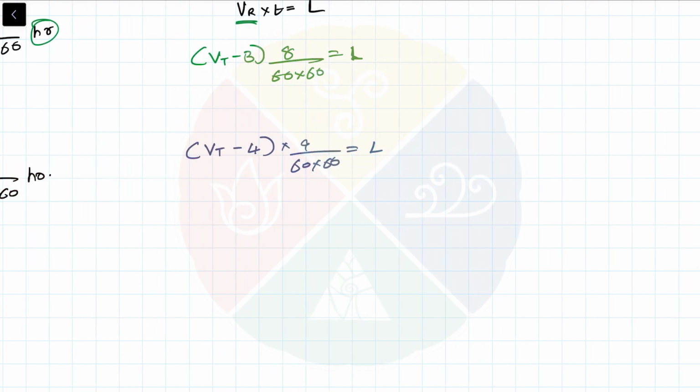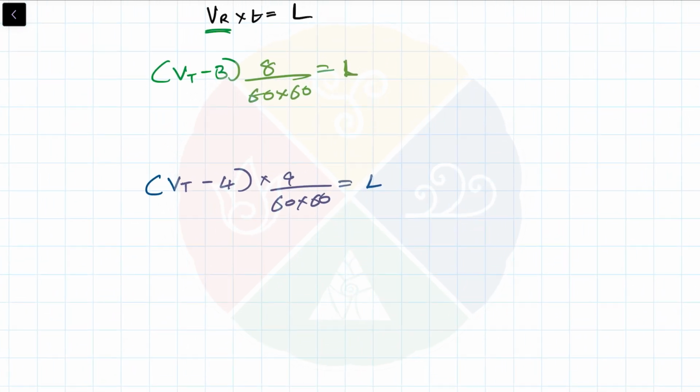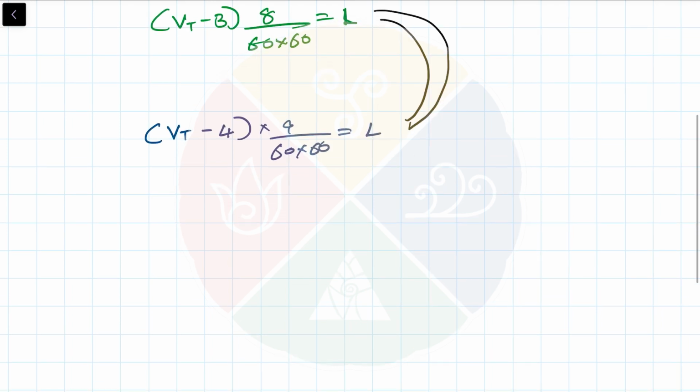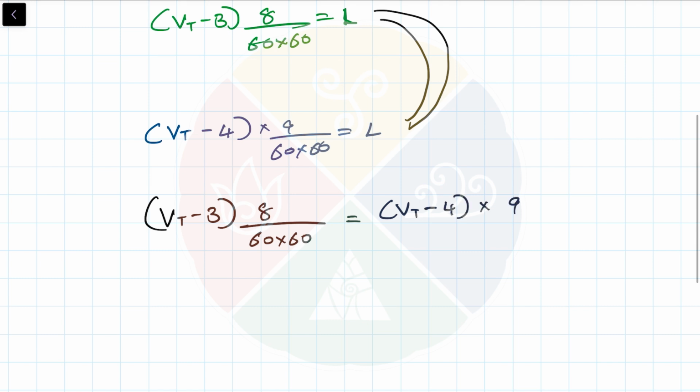Now, there are too many variables. So instead of directly finding the length of the train, I will first find the velocity of the train, then the length. To do that, you simply equate both of them, because both are the length. So Vt minus 3 into 8 by 60 into 60 is equal to Vt minus 4 into 9 by 60 into 60.